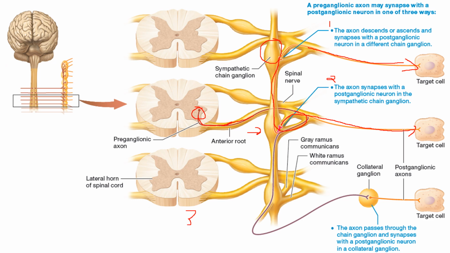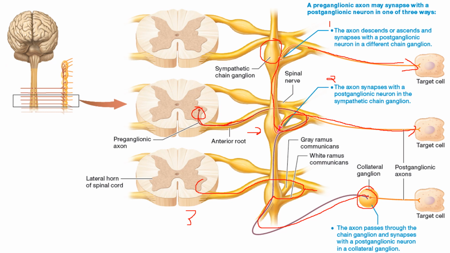For 3, this preganglionic axon will go all the way around, bypassing, in many cases, let's just go this way. What it will do is it will go through the sympathetic chain ganglion and then travel out to a collateral ganglion, which is near the target cell.